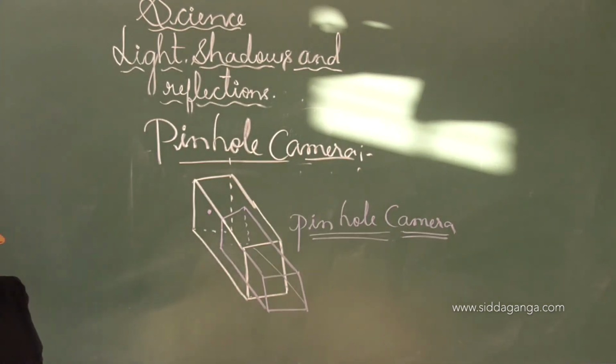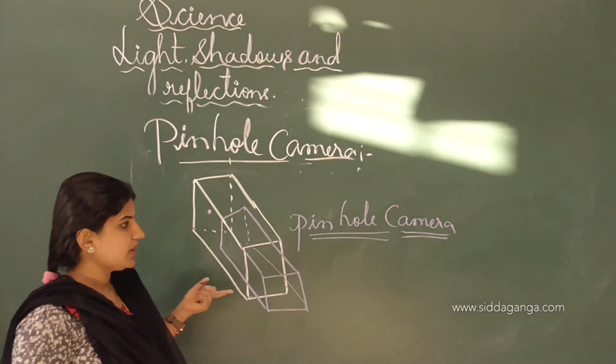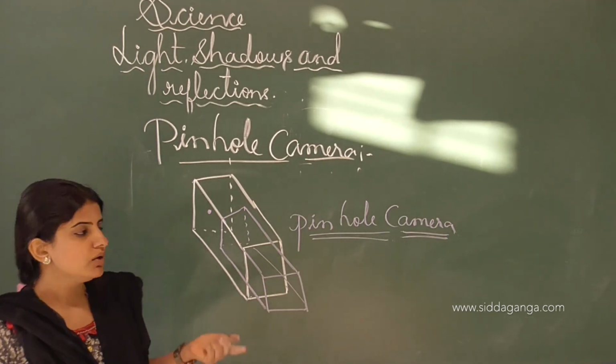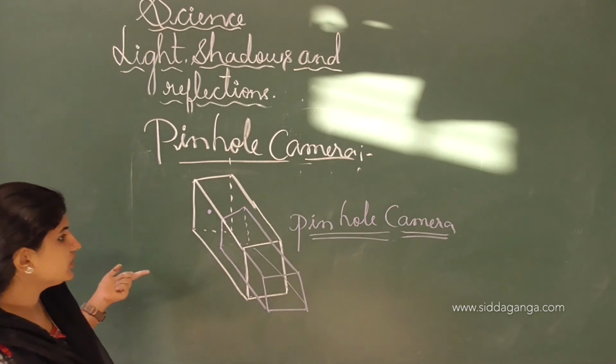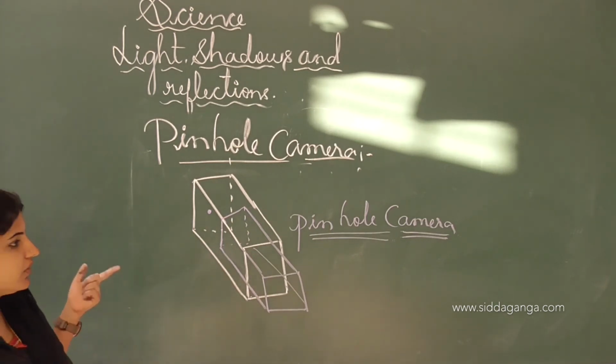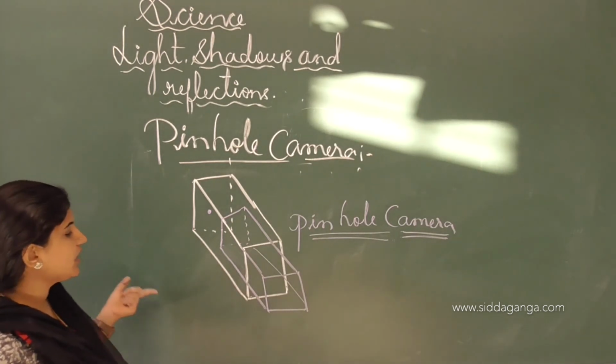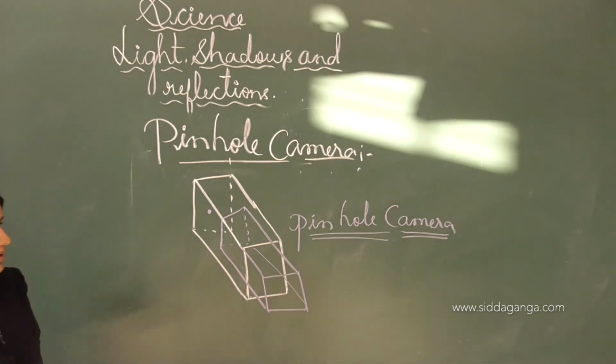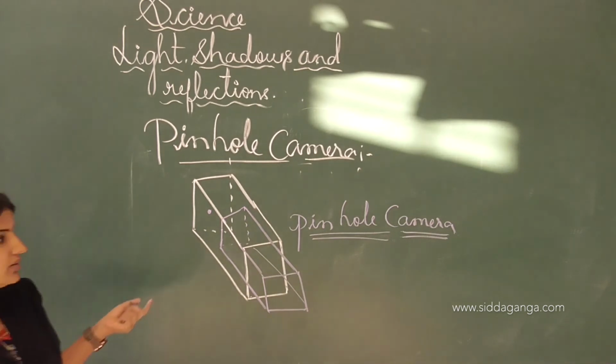See, this is the man-made camera, and we can easily make it with the help of simple materials, so that we can use this pinhole camera for looking at the image of the sun and also bright lit objects. It forms a photograph on the screen.